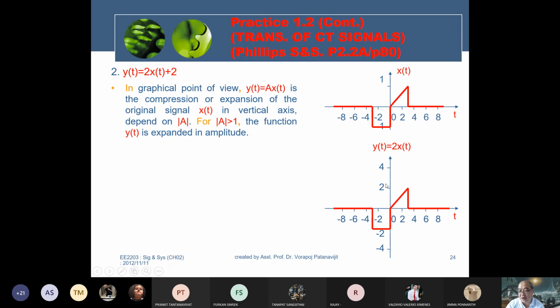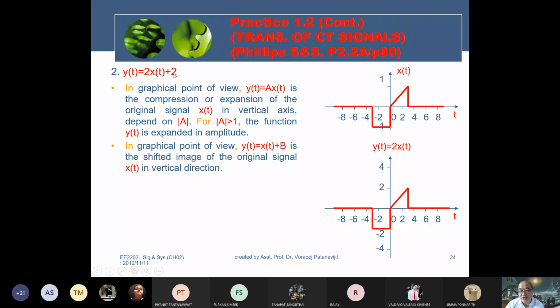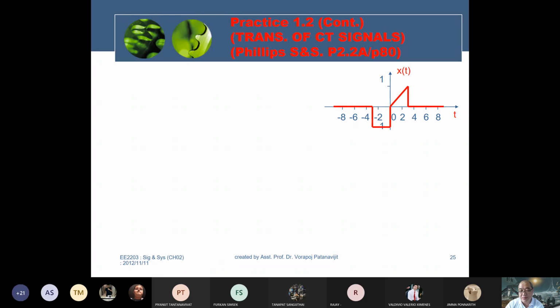We expand the signal by changing the scale of the axis from 1 to 2. Next you shift the signal by 2 points, b = plus 2. In the graphical point of view, y(t) = x(t) + b is the shifted image of the original signal x(t) in the vertical direction, by 2 points.